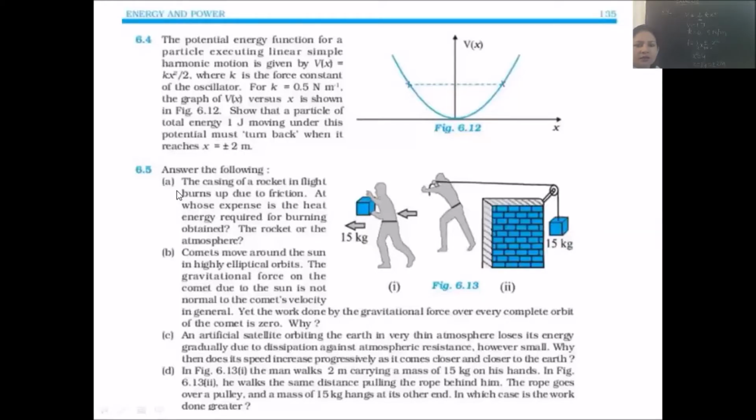Let us see the next page. Because 6.5 is also of that type, conceptual type. So you can do that.